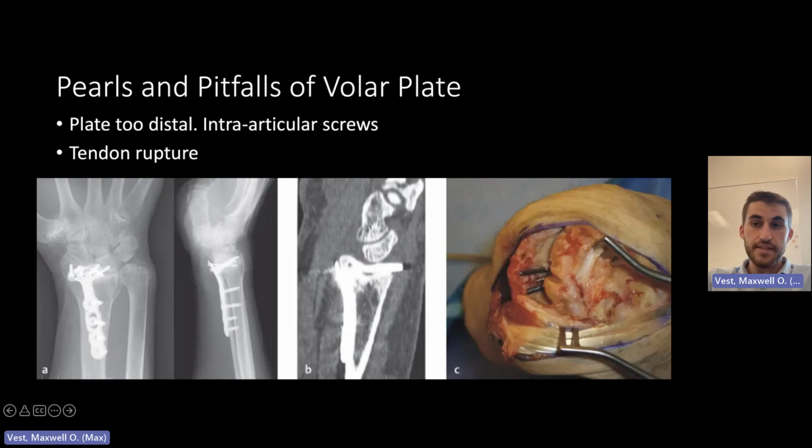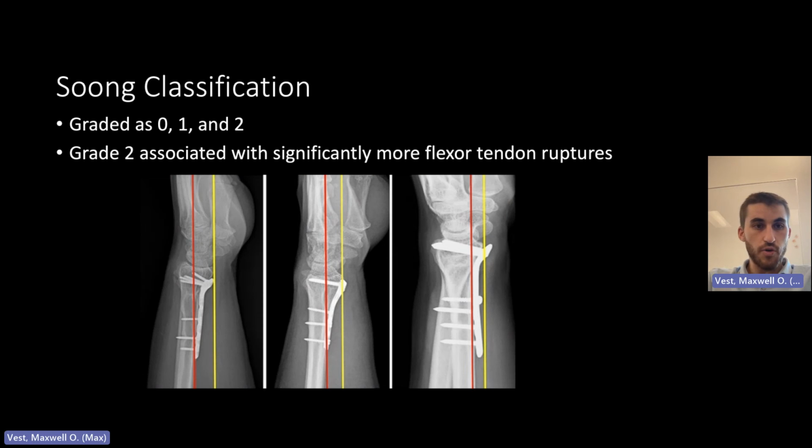And one way to prevent this, along with many ways, is to do a 15 to 20 degree elevated lateral view X-ray, and that will allow you to see right down the radiocarpal joint. And then you also want to perform range of motion after your fixation and make sure you don't feel any crepitance or catching, or make sure there's no screws actually in the joint.